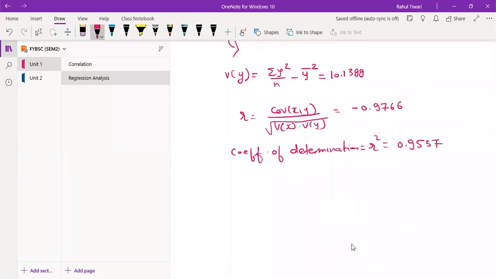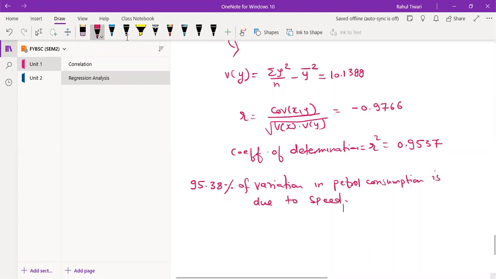This means that 95.38% of the variation in petrol consumption is due to speed. And from my side, I am interested in this conclusion.